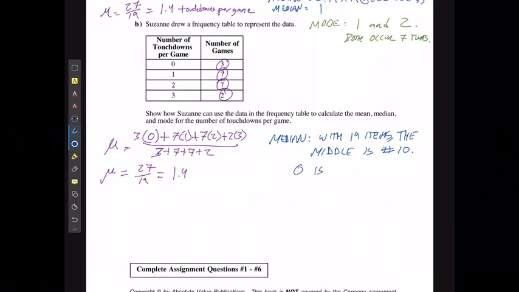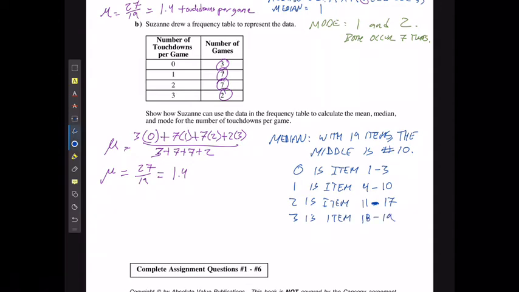Zero is items 1 to 3, because there's 3 of them. 1 is items, it starts at number 4, and we'll go up to the 10th one. 2 is items number 11 to 17, and 3 is items 18 to 19.